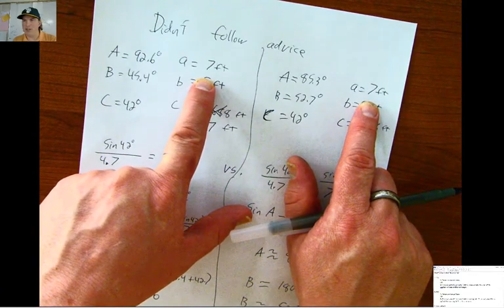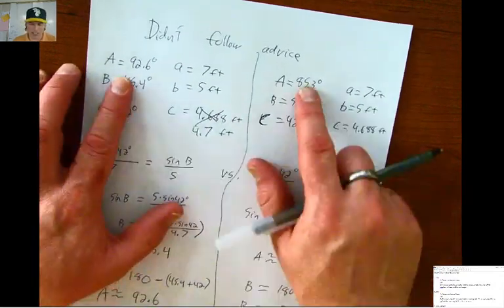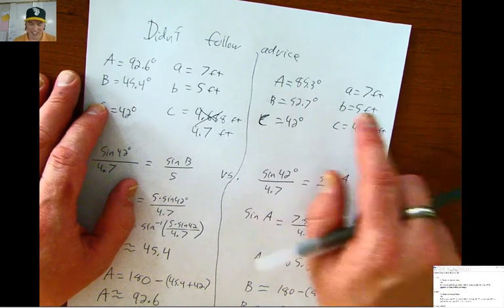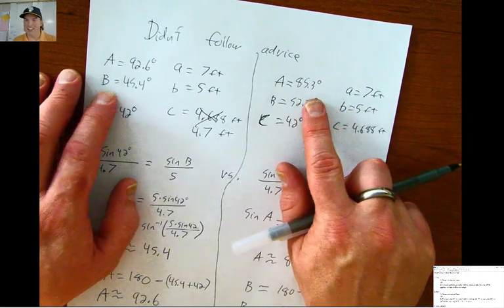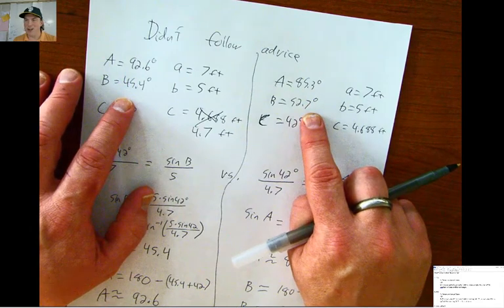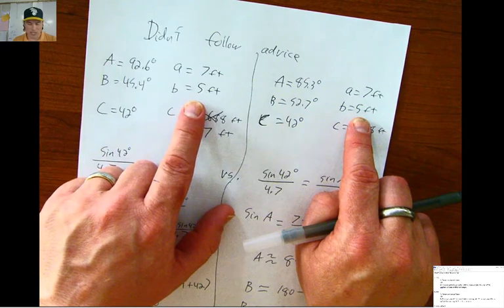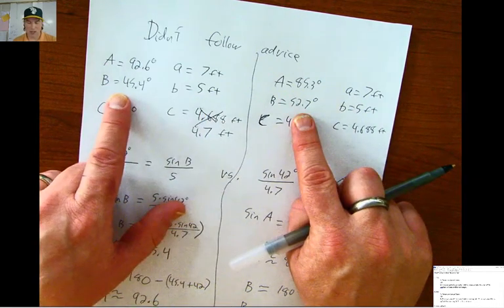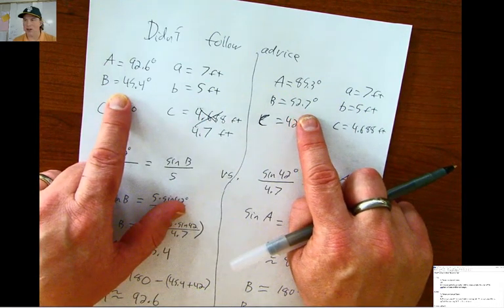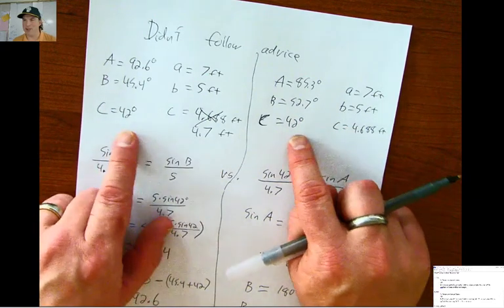So the 7 feet should give us the largest angle. But when we look at this largest angle, they're not matching up, but it is the largest angle in either case. All right, well, the medium-sized side should give the medium angle. Okay, well, yeah, and then the smallest side should give the smallest angle.